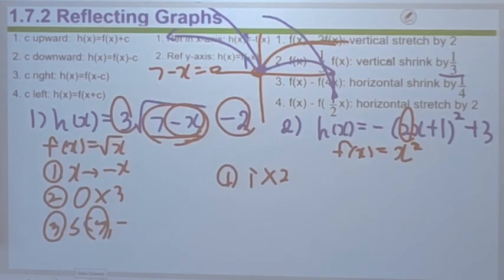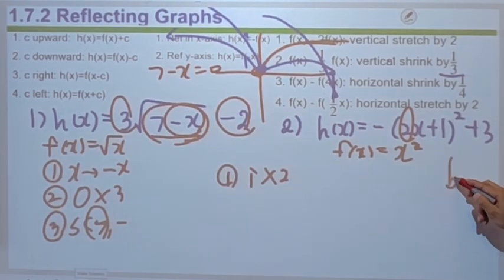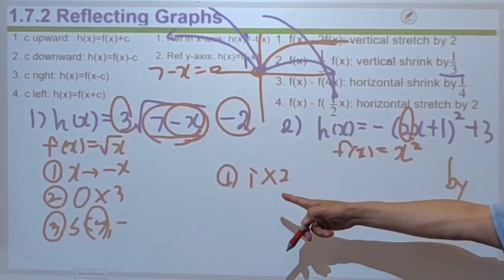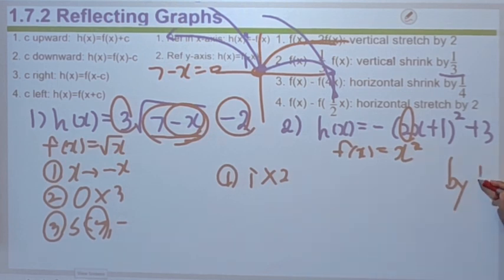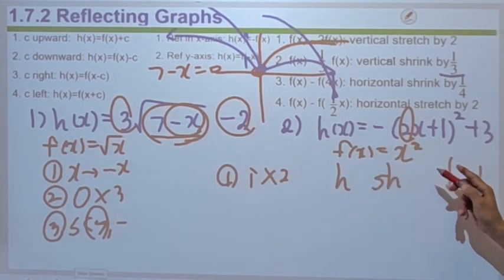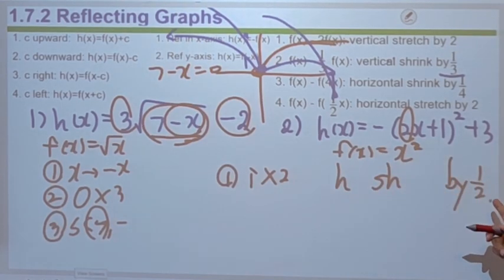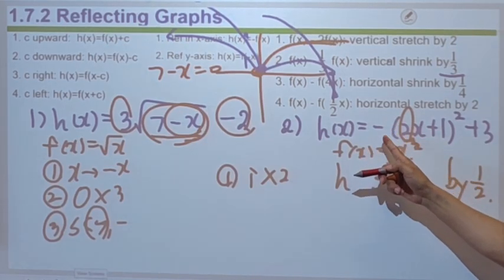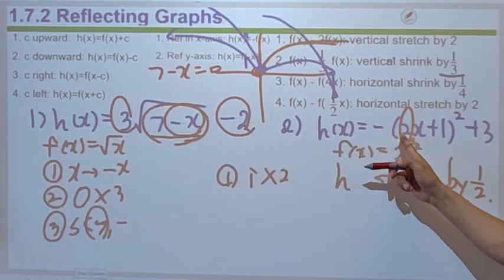Then inside, by what? Reciprocal. Inside reciprocal, 1/2, right? And then inside means horizontal, smaller than 1, shrink, right? Horizontal shrink by 1/2. Okay, right there. And then if outside that's bigger than 1, that's a vertical stretch, but there's nothing.